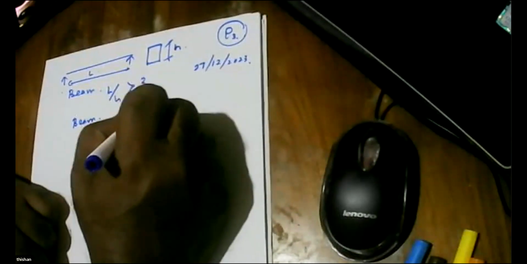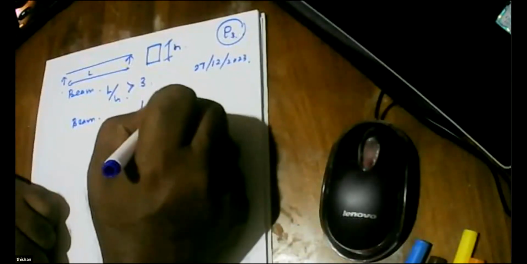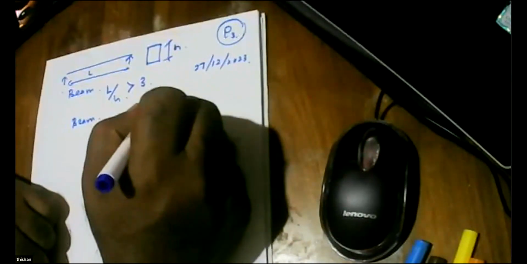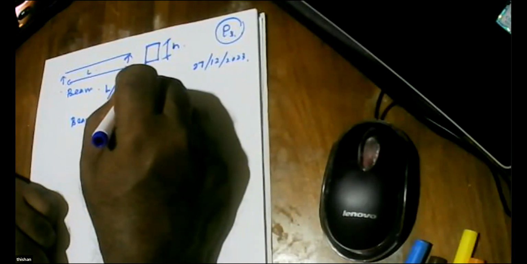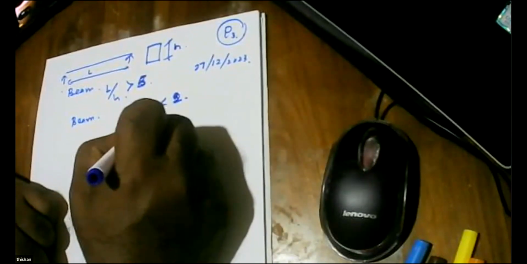If L over H ratio is less than 2, we call it a deep beam. Between 2 and 5, you have to use your discretion.